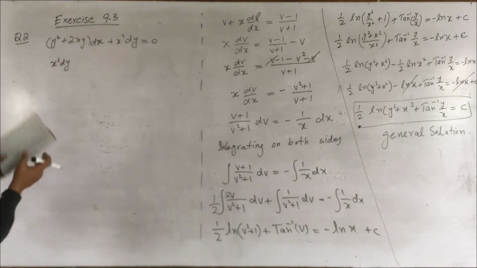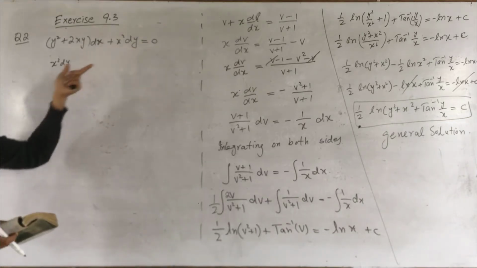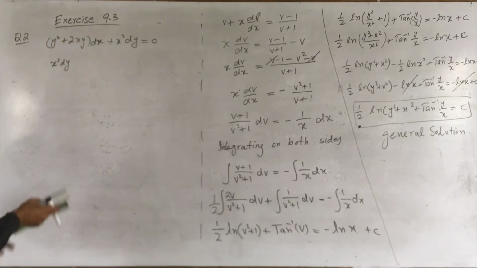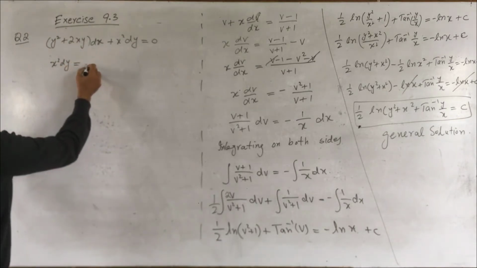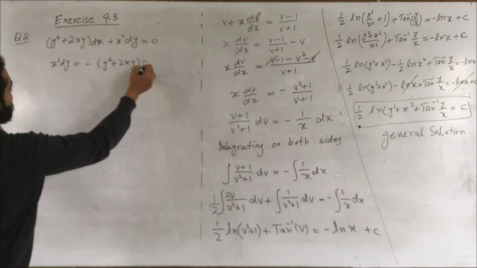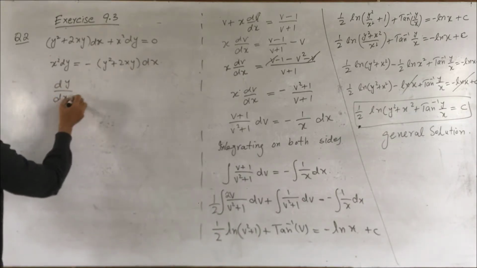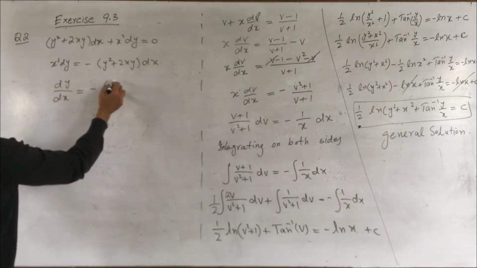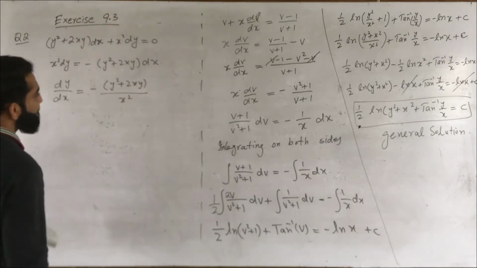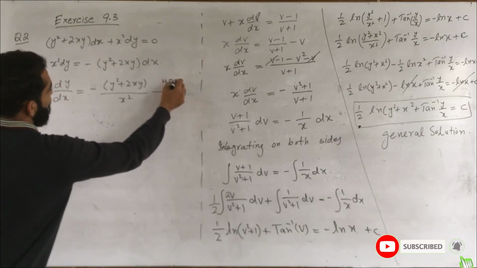You have to convert: the term involving dy remains here and the term involving dx transfers to the other side of the equality. Now dy over dx is equal to minus (y square plus 2xy) divided by x square, which is a homogeneous differential equation.